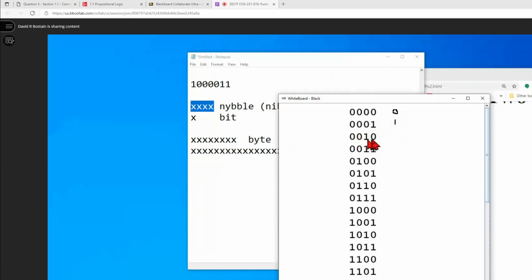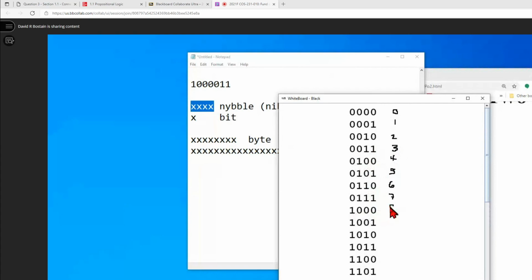If only the 2 to the first is on, obviously it's going to be a 2. If both of those are on, it's a 3. If only the 2 squared bit is on, we have a 4. 4 plus 1 is 5. 4 plus 2 is 6. 4 plus 2 plus 1 is a 7.